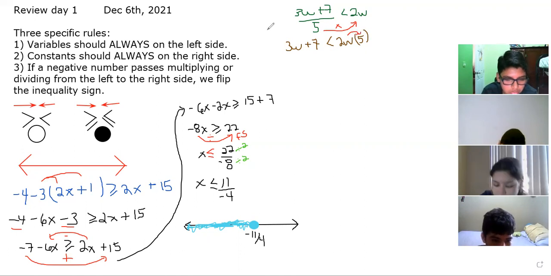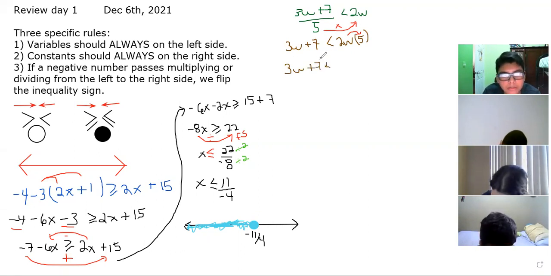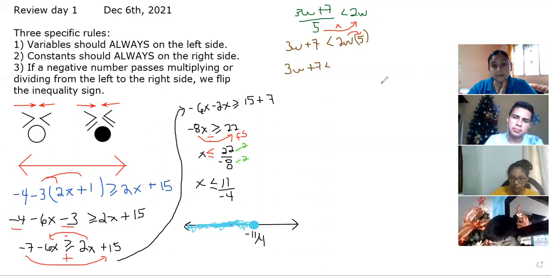So we're going to multiply this parenthesis and we're getting 3w plus 7 is less than 2w times 5, which is 10w. Very good. Now that we have everything simplified, we can go ahead and use our rules.